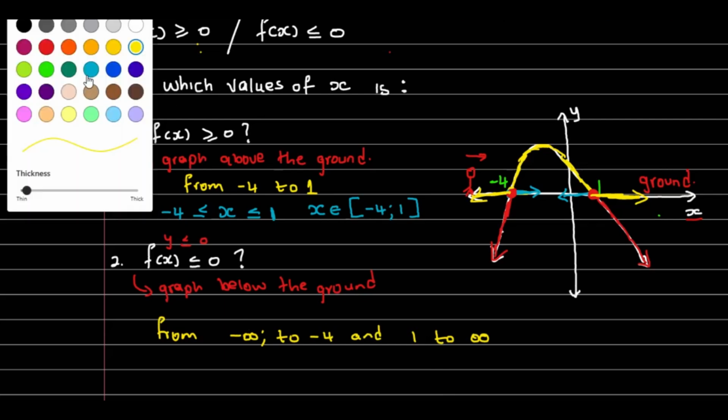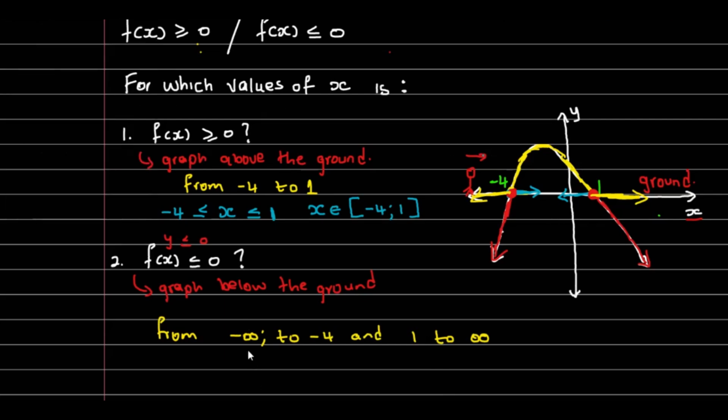Then you're going to write your final answer: the value of x, and I'm going to use that arrow there showing that it's approaching negative infinity. So x must be less than or equal to minus 4, or, with the arrow showing it approaches positive infinity, x must be greater or equal to 1.